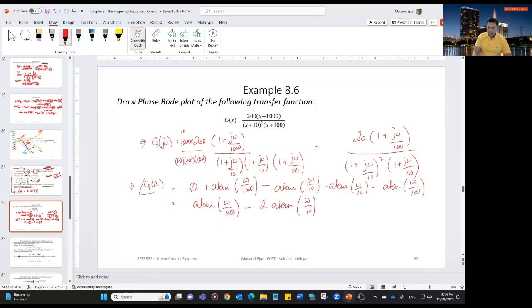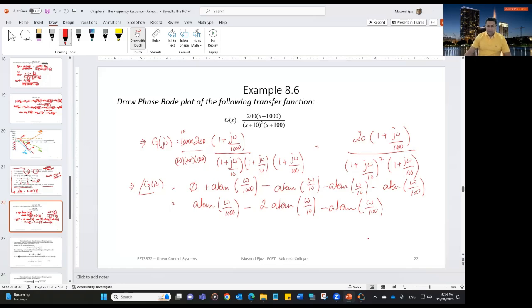So if you have a square, then basically it's going to be 2 times the phase of this element. If you have a cube, then 3 times the phase of this complex number. That will be your phase expression for this transfer function.